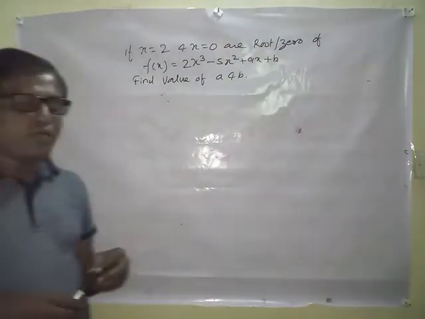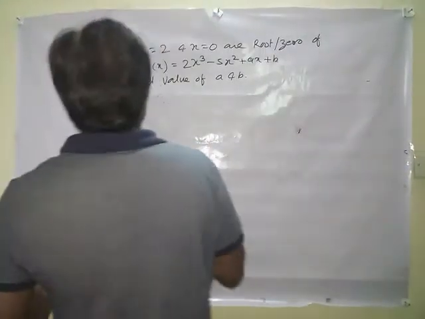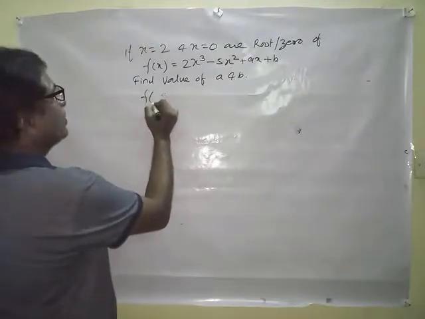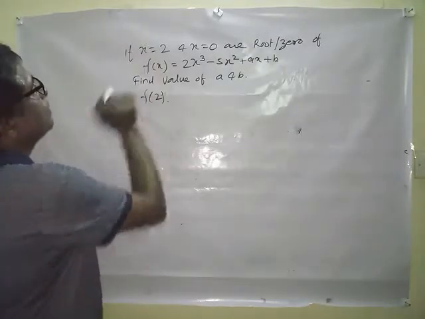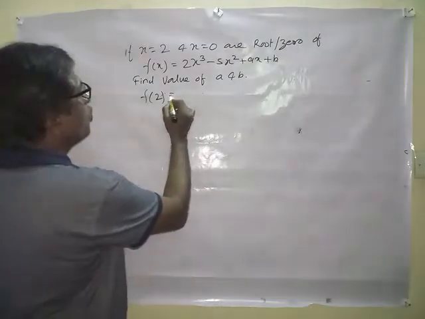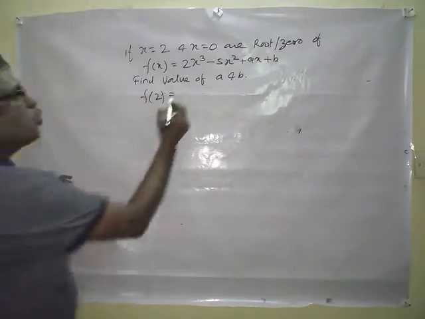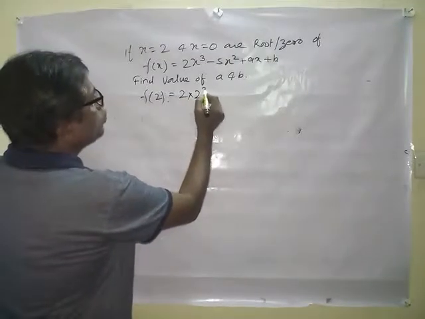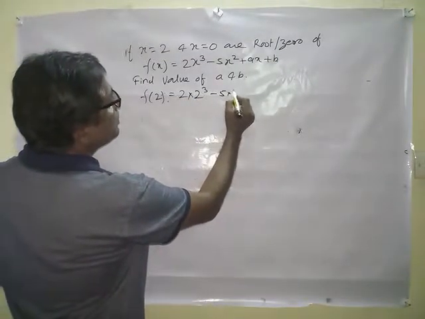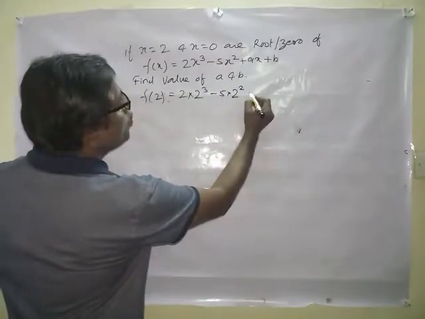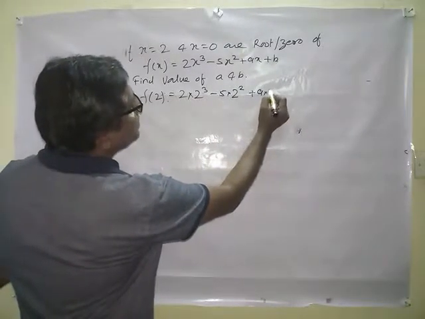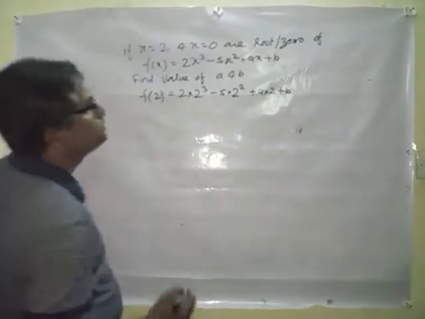So to find the values of a and b, what you have to do is first find the value of f(2) by placing x equal to 2. I will solve this here: 2 times 2 cube minus 5 times 2 square plus a multiplied by 2 plus b.